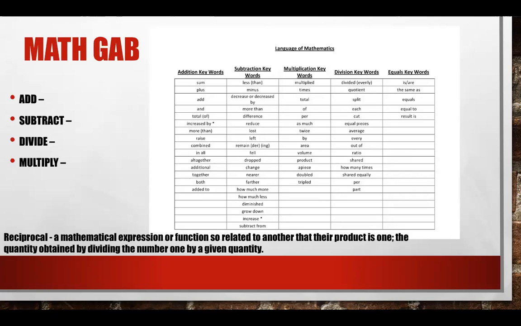If I'm looking at multiplication words, I might hear multiplied, times, total, of, per, as much, twice, by. Division words may be divided, quotient, split, each, cut, equal pieces, average, every, out of, and even ratio.